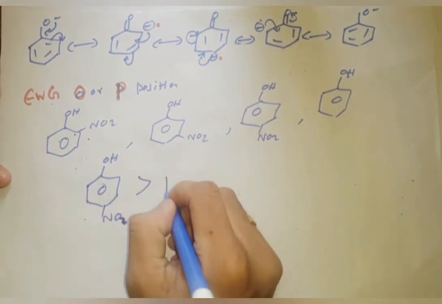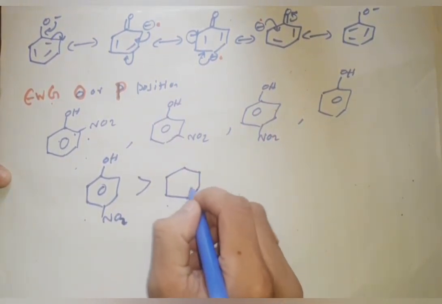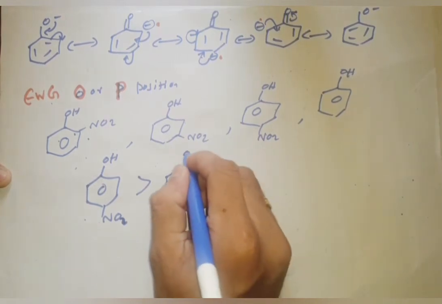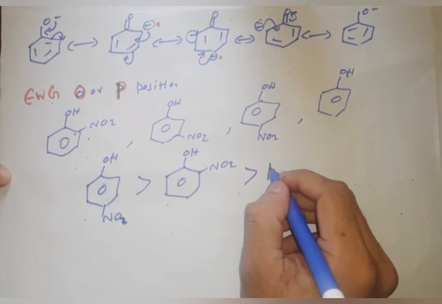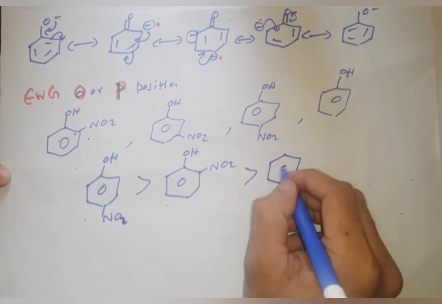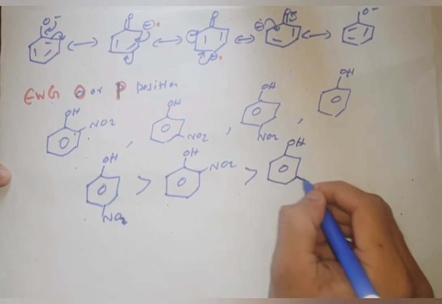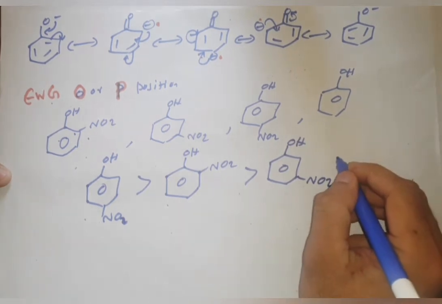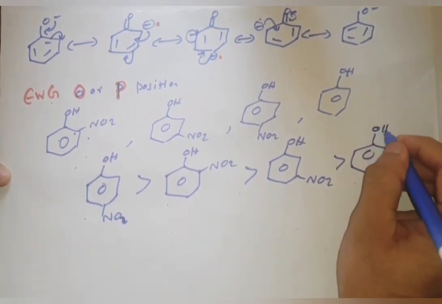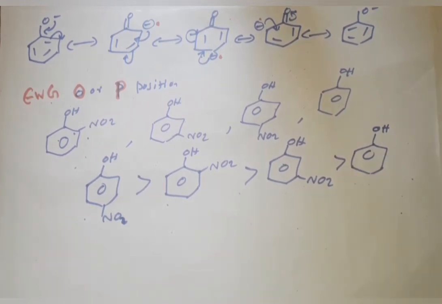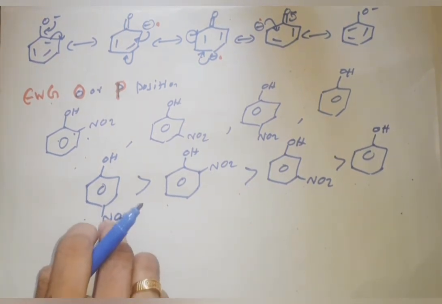Then second, orthonitrophenol, then metanitrophenol, then phenol. So the acidity is highest in the case of paranitrophenol.